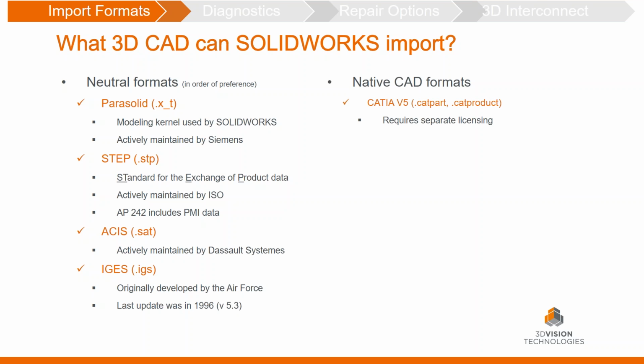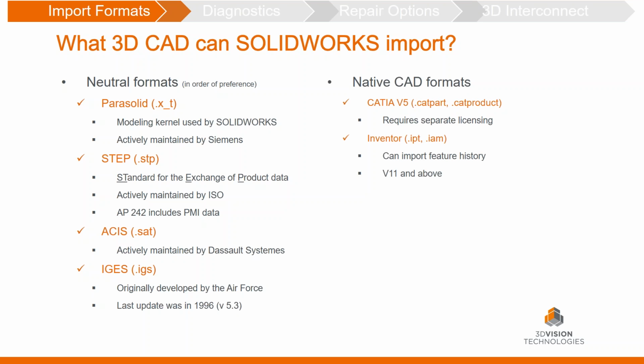Next is native CAD file formats, and actually we're going to put this in front of the neutral formats, to eliminate that neutral translation altogether. Top on our list is CATIA V5 parts and assemblies. This requires a separate license for you to be able to read this into SOLIDWORKS.